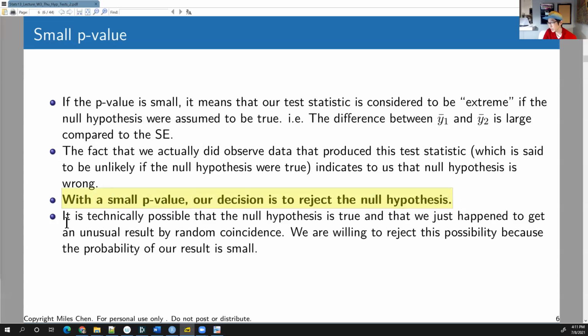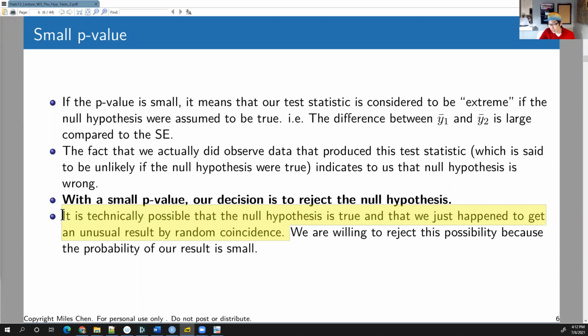Now, we want to keep in mind that it is technically possible that the null hypothesis actually is true and that we did get that unlikely scenario by random coincidence, right? So you can do your calculations and you say, you know what? The probability that this happens is really small and therefore we're going to reject it.